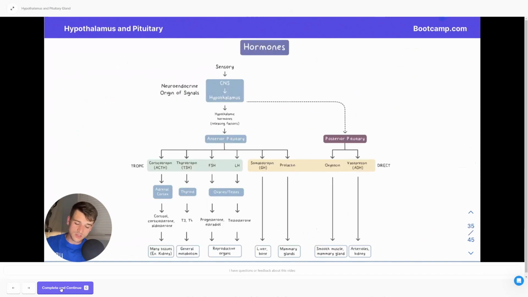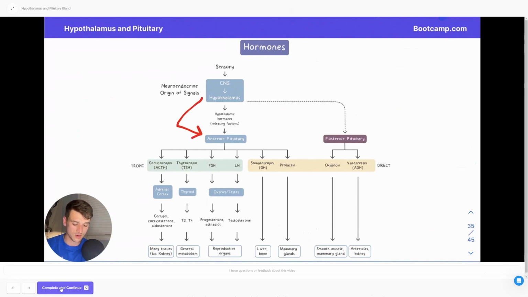And so as always, it's very good to keep the broader perspective in mind as you're working through some of these more narrow pathways. And so here's a visual that ties together all of the hormones released by both the anterior and posterior pituitary and relating it to the original release of hormones by the hypothalamus that kicks off everything. This way you can really appreciate the different pathways that are possible. We can go the route of the anterior pituitary and stimulate it to release its own hormones, which we've talked about.